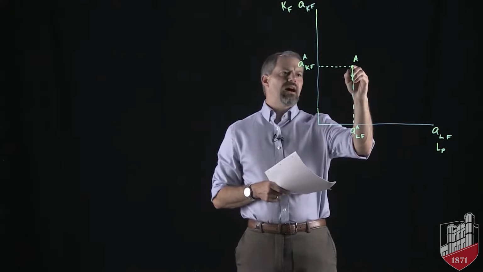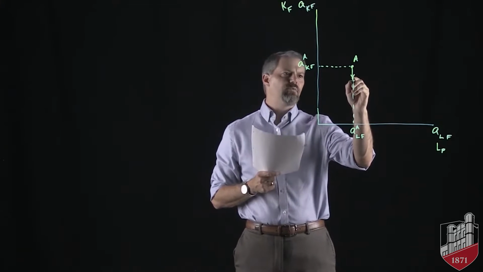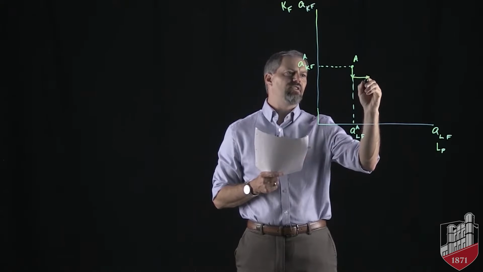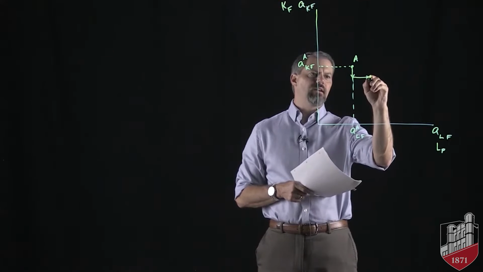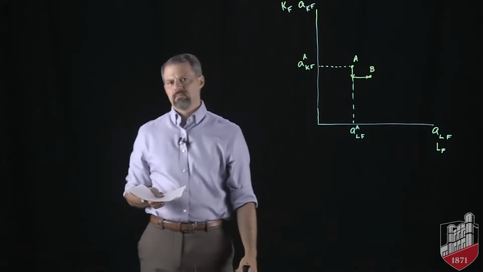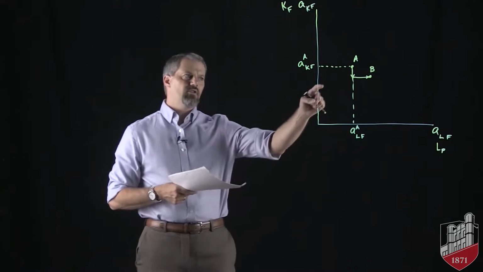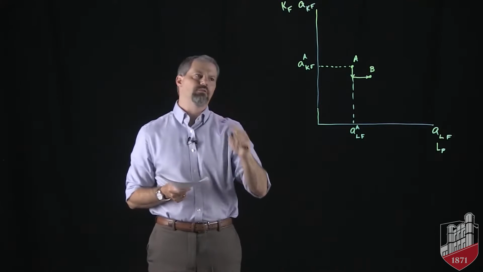So let's think about reducing the amount of capital we use. Then clearly we're going to have to use more labor. Let's suppose that if we increase the amount of labor by that much, we get to a new point right out here that we'll call point B. Let's suppose point B is another combination of capital and labor that can be used to produce 1 unit of food.